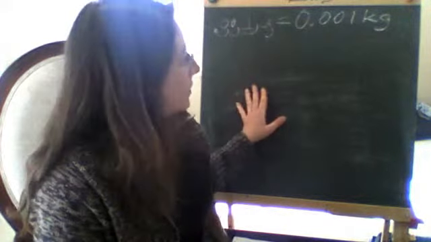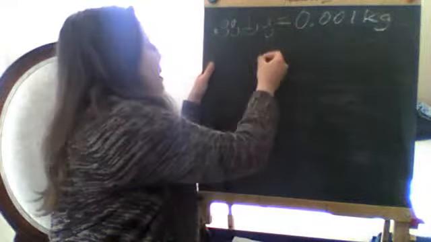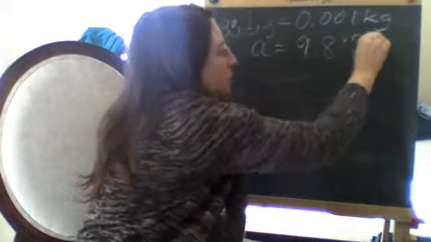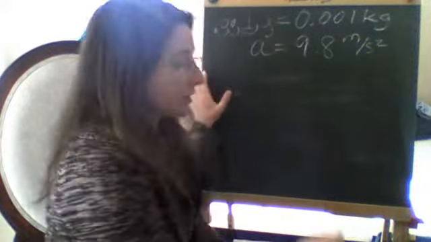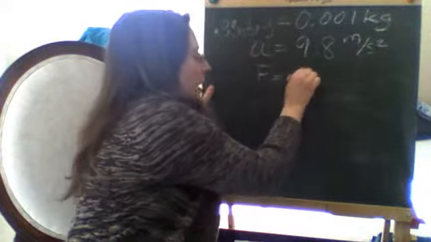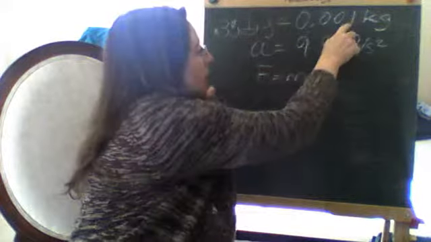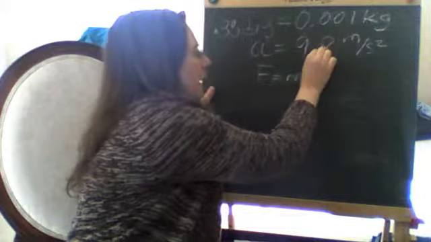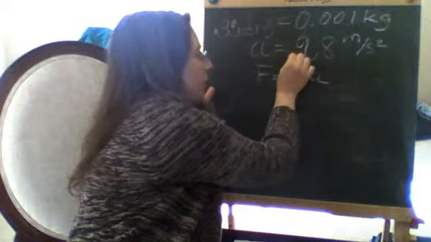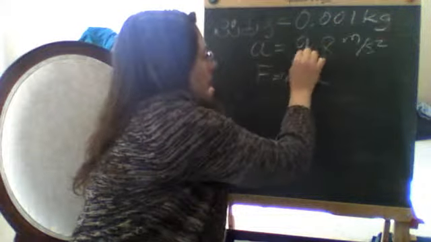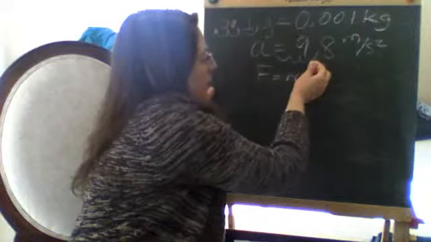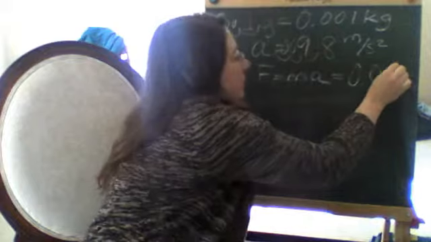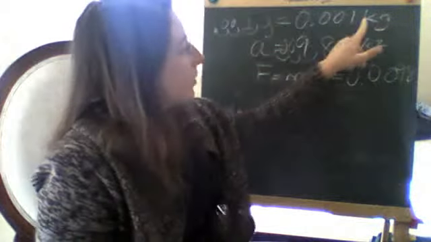So if I've got this mass, and let's say I also know the acceleration of my little piece of chalk when I drop it is 9.8 meters per second squared, I can multiply those two numbers together, right? Because we know F equals ma. That's Newton's second law. So mass times acceleration, 0.001 kilograms multiplied by 9.8, I'm essentially just moving the decimal, so I would get 0.0098 kilogram meter per second squared.